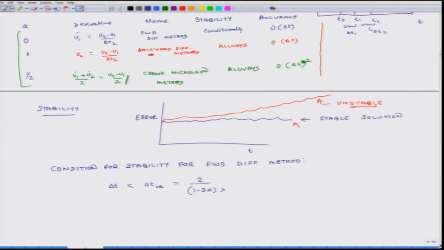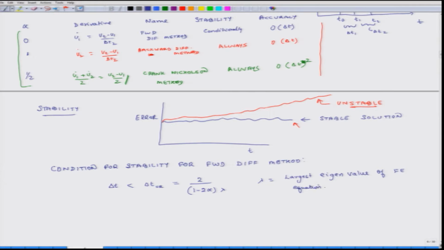Okay. In this case alpha is 0, so it will be basically 2 over lambda. And what is lambda? Lambda is the largest eigenvalue of the FE equation.